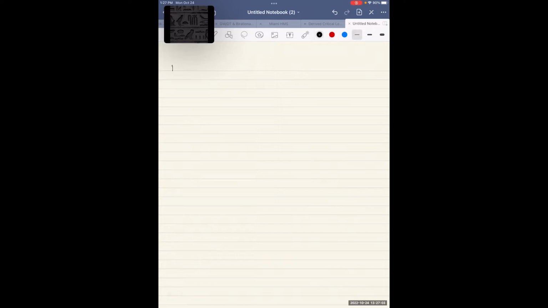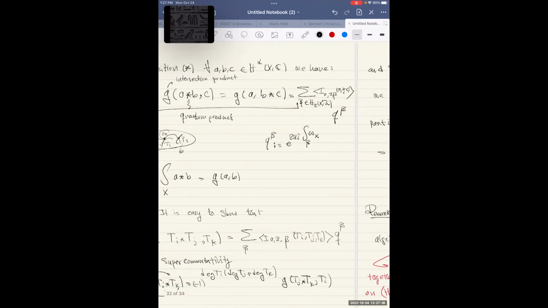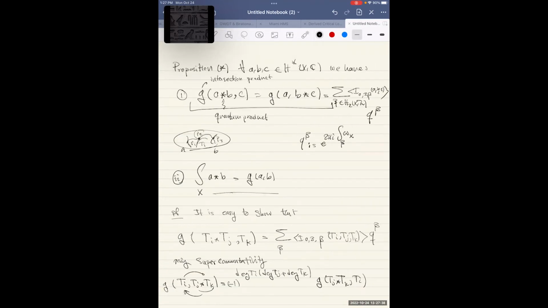Second remark is that we can relate the 3-point function that we had before to quantum product. And it's exactly because of this statement that I just proved right here.